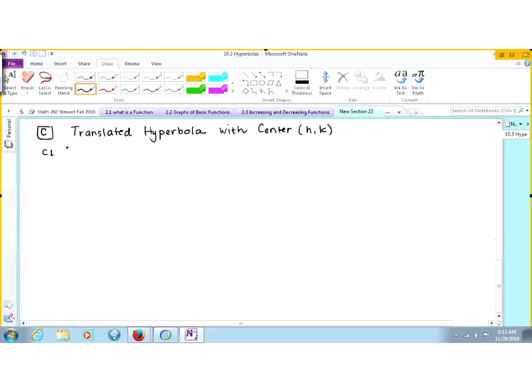So there are two. The first one is horizontal hyperbola. Well, why don't we start with vertical? Because that's how we started before. So vertical hyperbola. And then C2 is horizontal hyperbola.